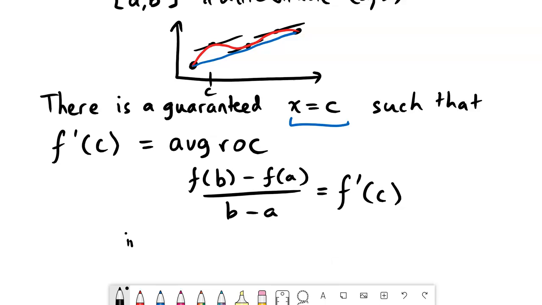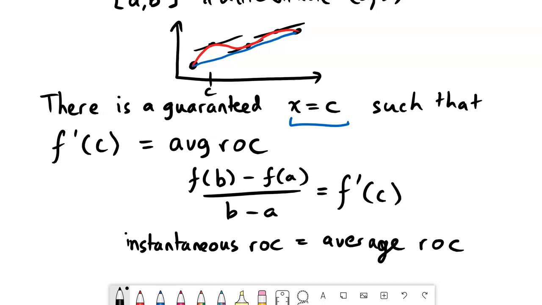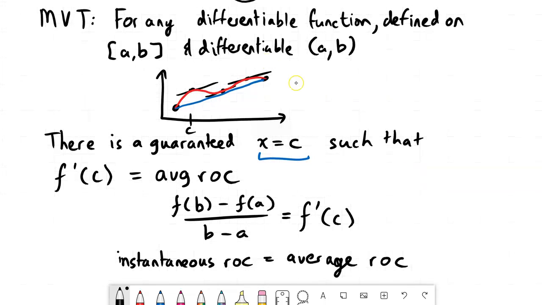In other words, there's going to be a point where there's an equality of instantaneous rate of change and average rate of change. So we have this definition right here, the mean value theorem. I'll show you it all at once.